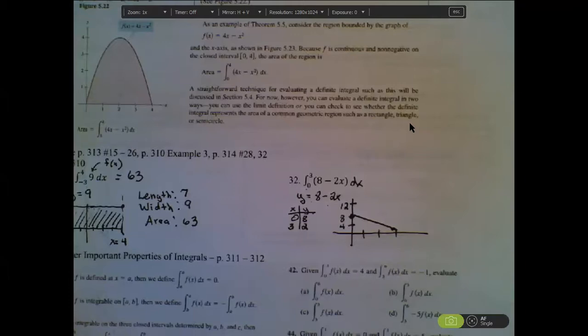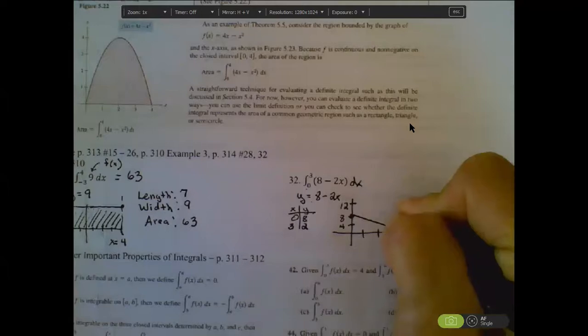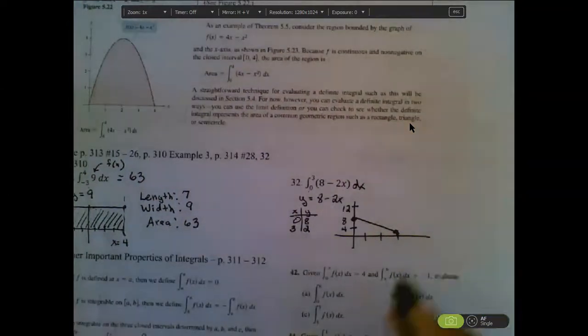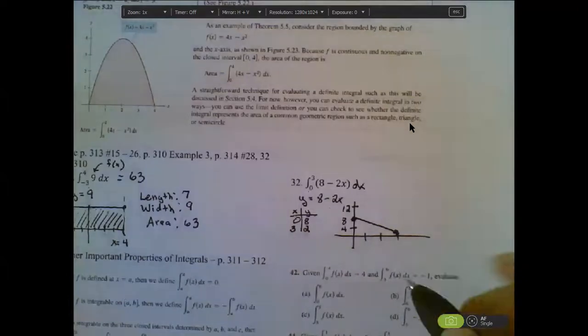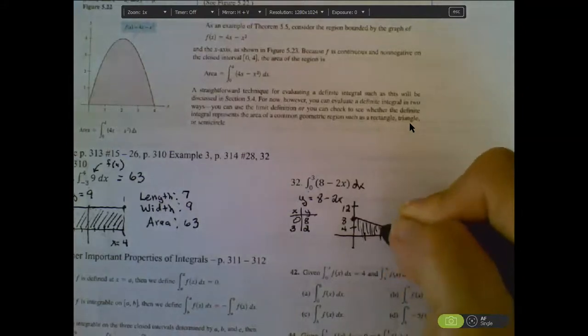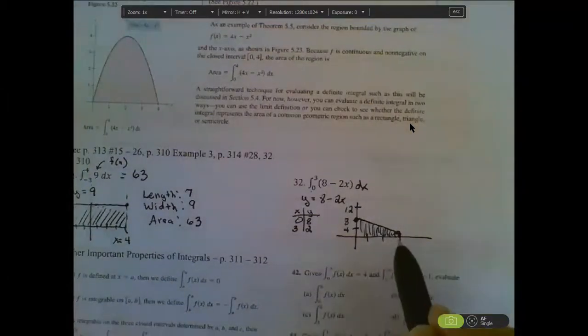Hold on just a second. I wish I hadn't counted by fours, but I want to find the area bounded by this shape. What is that shape? Triangle. Not really, and that's why I wish I hadn't counted by fours.